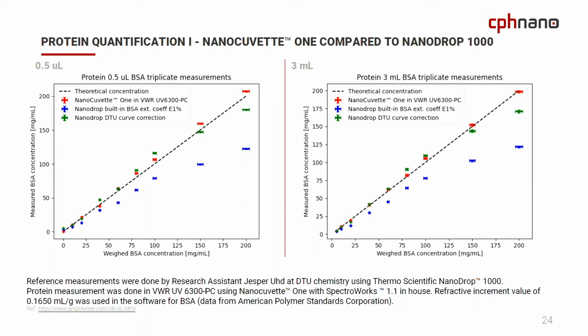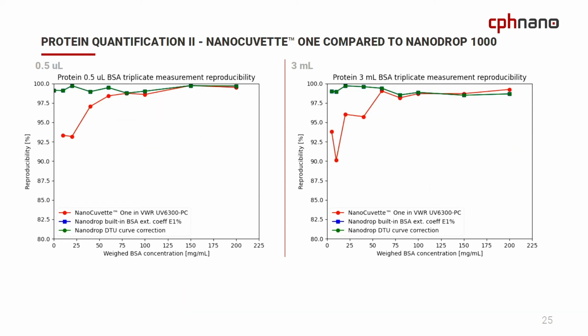NanoDrop data is pretty much off, but with the correction factor it looks promising. You can rely on it, but comparing with this graph, you can easily see that our data with NanoCuvette One and SpectroWorks with the VWR UV 6300 instrument is almost overlapping with the theoretical concentration.